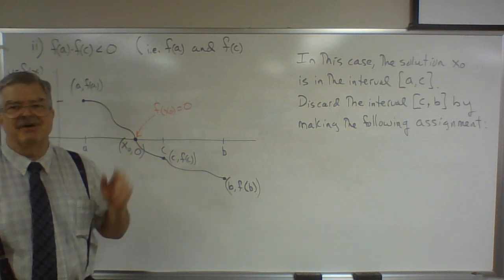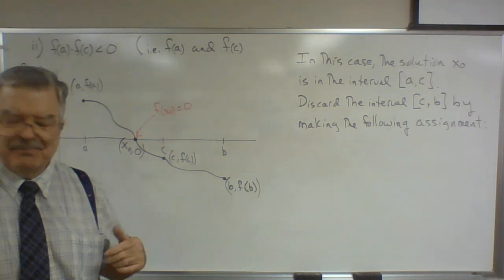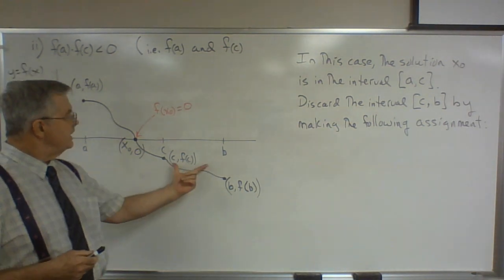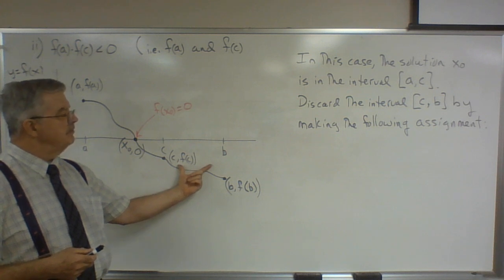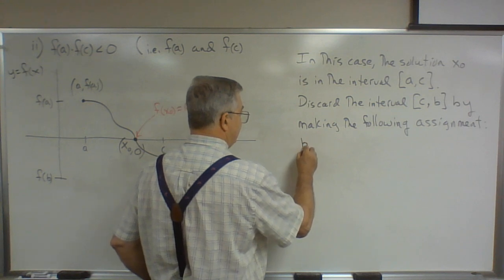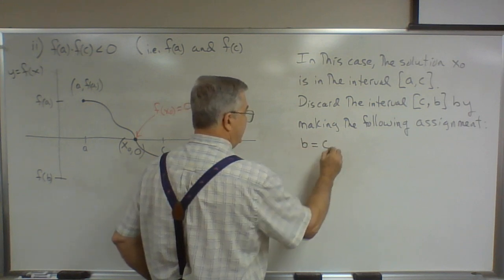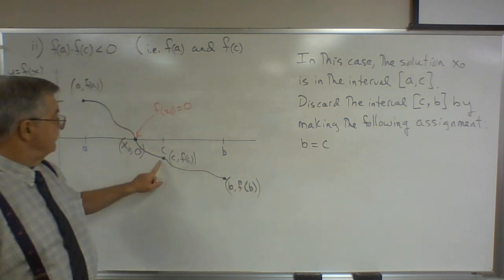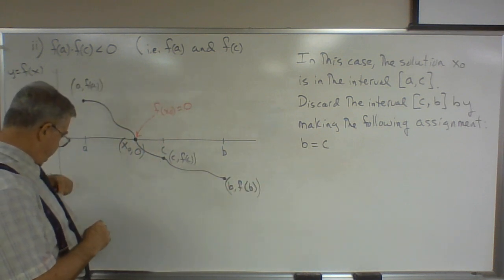This is clever as all get out. It's so simple but so effective. We want to get rid of this interval. So what do we do? We just set B equal to C. So guess what?